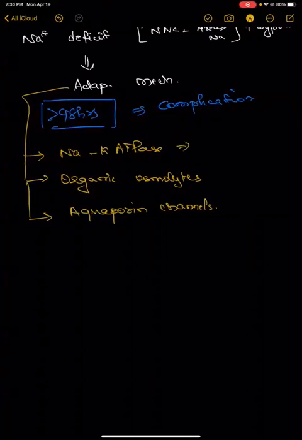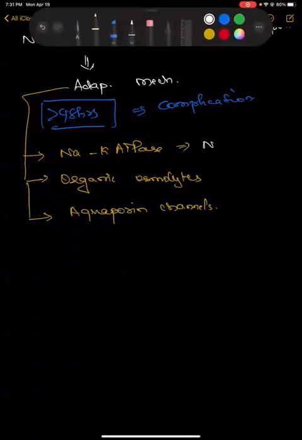Sodium potassium ATPase helps in sodium extrusion. But eventually this sodium extrusion can also extend to potassium extrusion, though this is the one which happens in the initial phase.